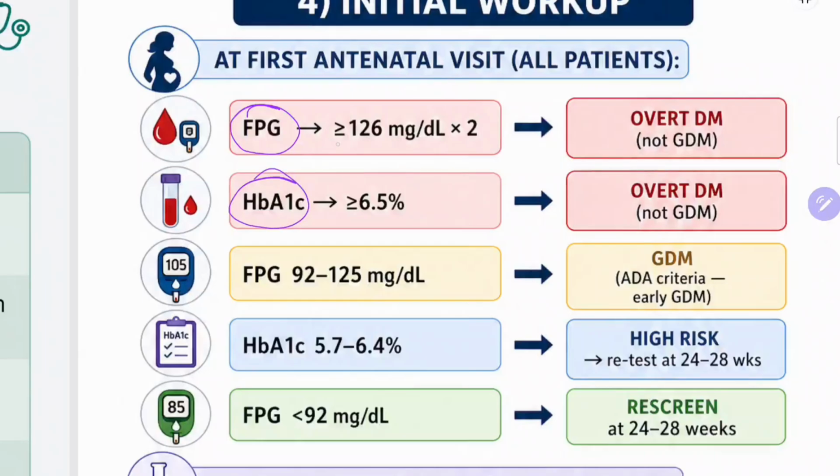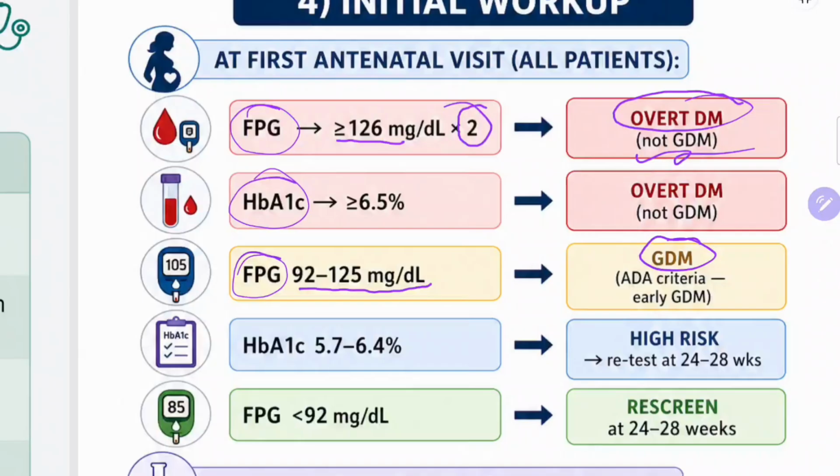If fasting plasma glucose is more than 126 milligram per deciliter on 2 readings, you should take 2 readings, then that is likely overt diabetes mellitus and not gestational diabetes mellitus. If the fasting plasma glucose is 92 to 125 milligram per deciliter, then that is gestational diabetes mellitus.